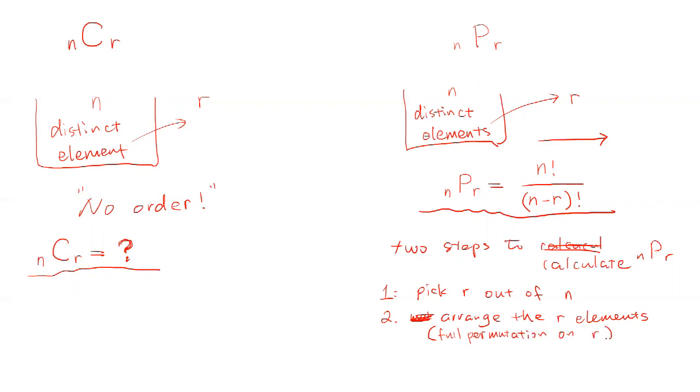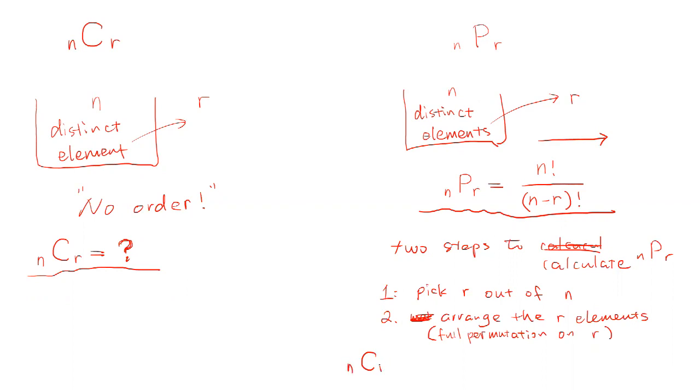On R elements, right? So if you use two steps to finish this task, according to the rule of product, how many ways are there? It is the number of ways in the first step multiplied by the number of ways in the second step. How many ways can it be done in the first step? Pick R out of N, that means CNR.